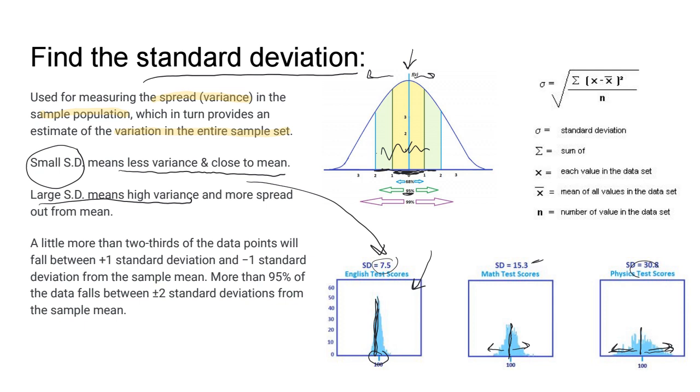And then 3 standard deviations is going to be 99%. You shouldn't have very many outliers past that point. So 1 standard deviation is 68% of your population, 2 standard deviations is 95% of your population, and that is just a way to talk about the data that you collected.